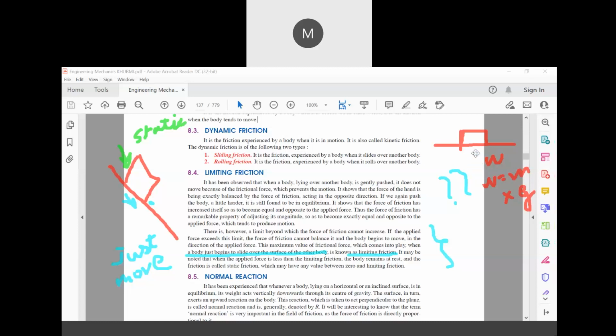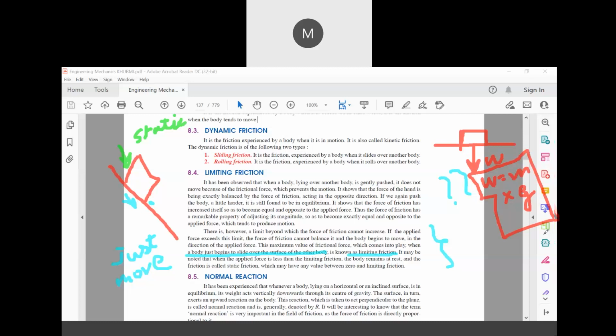This is always acting due to the gravitational acceleration, so it will act perpendicularly downwards. Is it clear how it will act? W equals M into G.